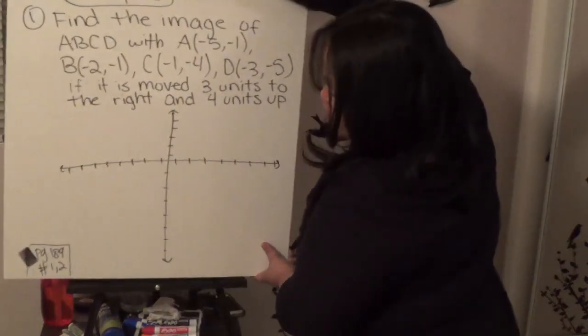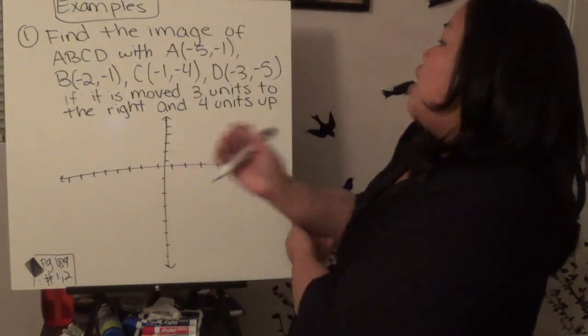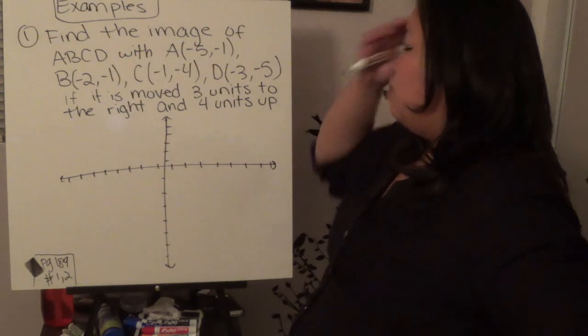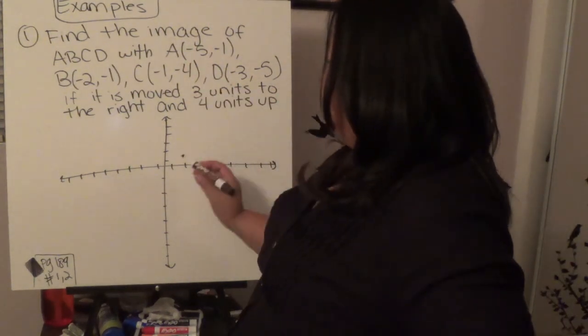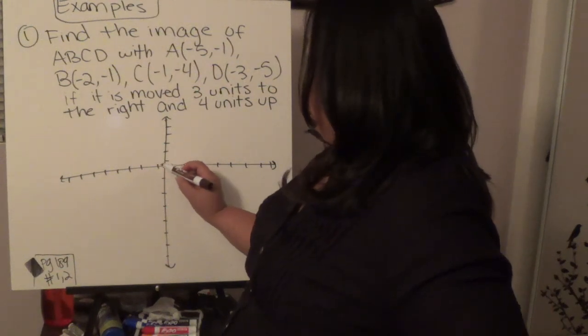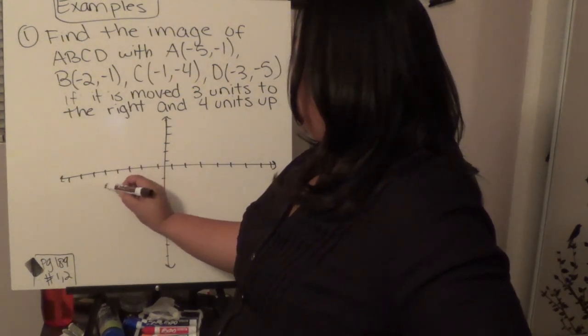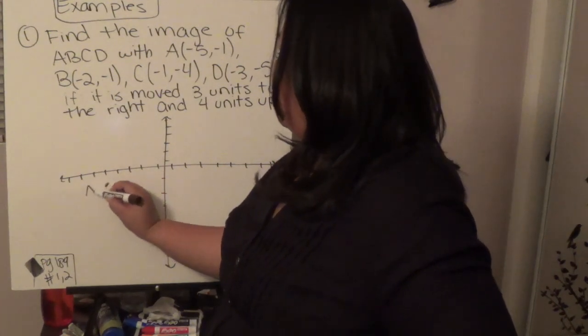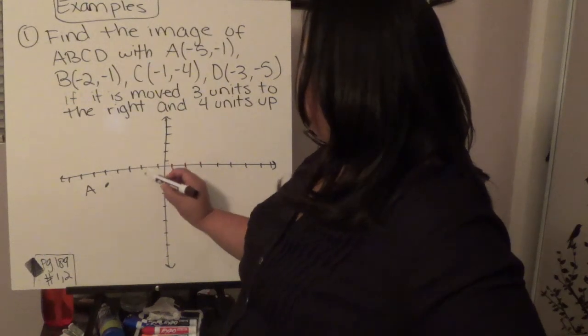We have 2 examples that go with this. This is a pretty lengthy section. It says to find the image of ABCD. So we have ABCD. Let's find this first. A is negative 5, 1, 2, 3, 4, 5, down 1. So this is A. B is negative 2, down 1.